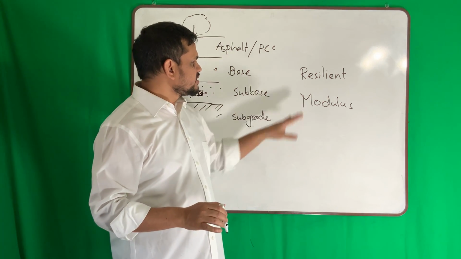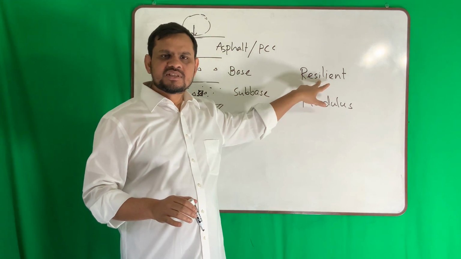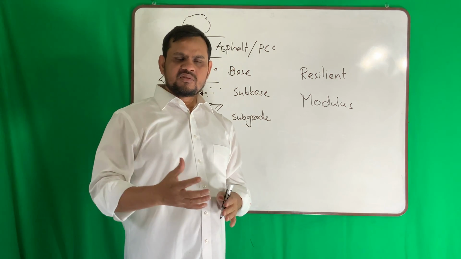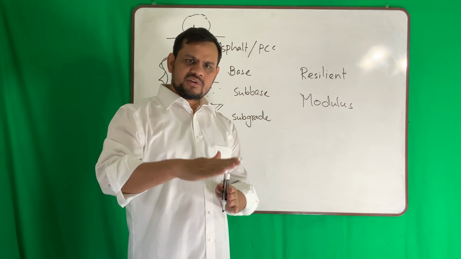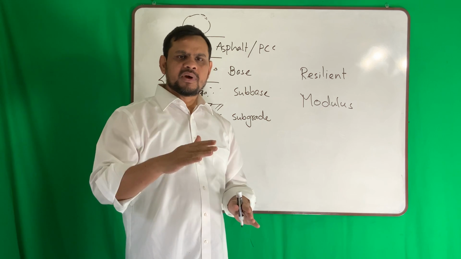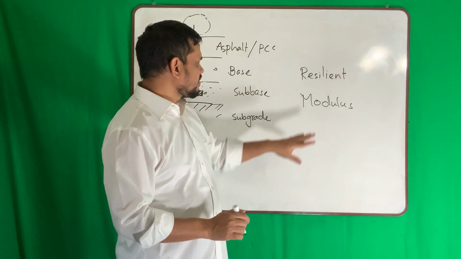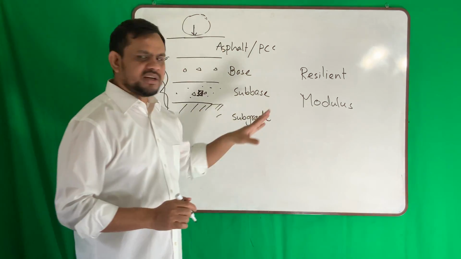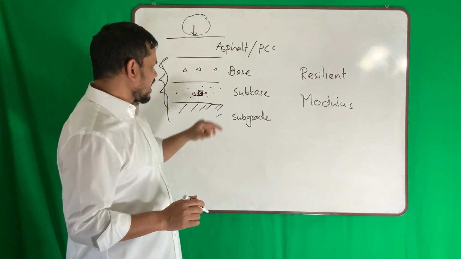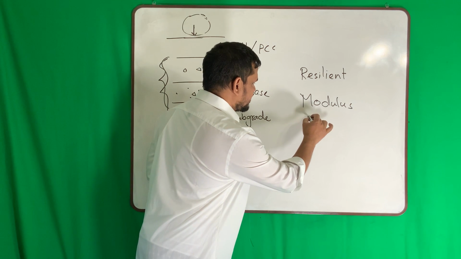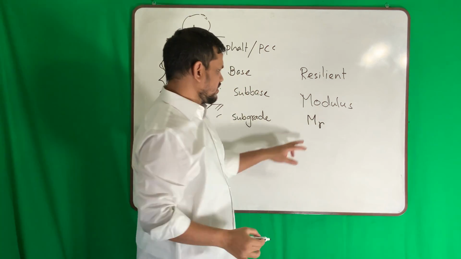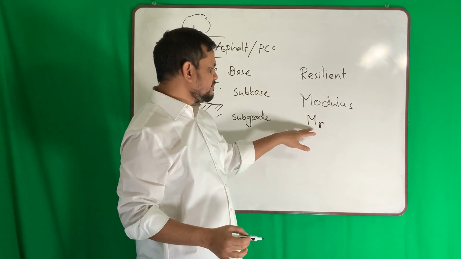Now, resilient modulus. What is this? What does resilient mean? Resilient means elastic: if we apply some load, it will deform, and after removing it, it will come back. That kind of resilient, elastic modulus has a special definition, which I'm explaining here. We represent it by MR. R means resilient, M means modulus.